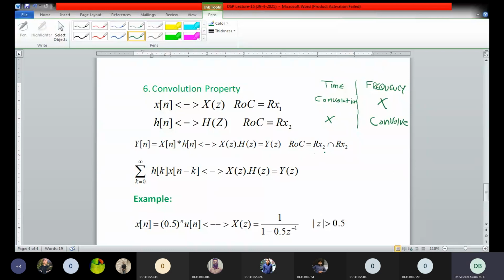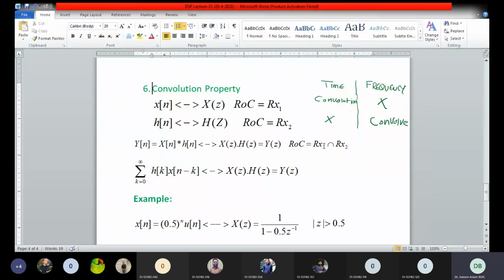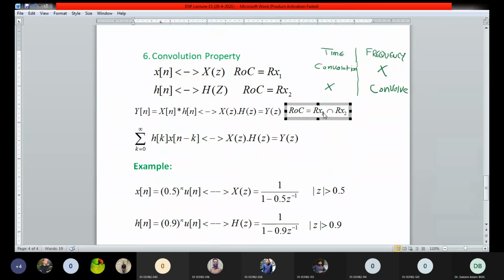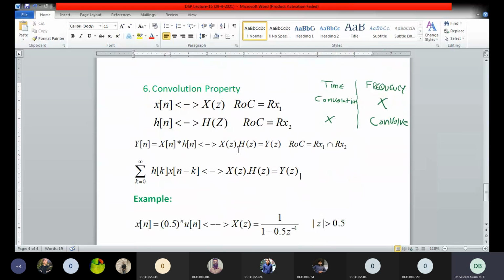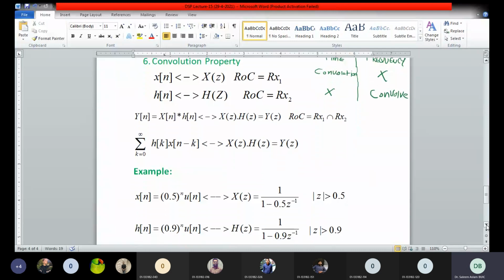And their ROC would be the common region, Rx1 intersection Rx2. So we are multiplying in z domain, and we are taking the common region of intersection. Convolution in time domain is defined as the sum of h of k x of n minus k. So in z transform, you just need to multiply them. Let's solve an example to get further insight into this property.